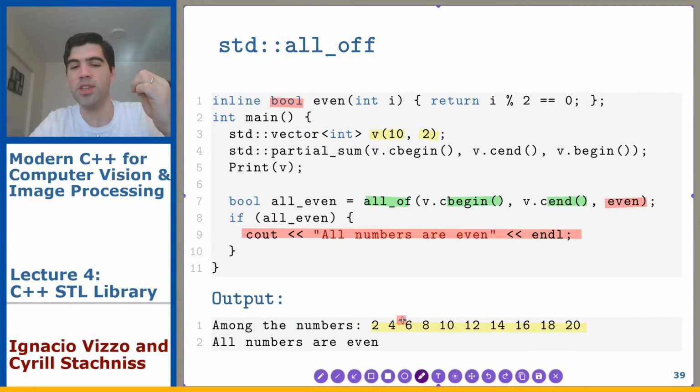So among all these numbers, all numbers are even. There is not one single for loop. This is super fast, and besides the syntax, if you're not used to seeing syntax with iterators, the intent of the code is really clear. I want to check if all the numbers are even. You don't need to write for loops. It's super cool. Use it.